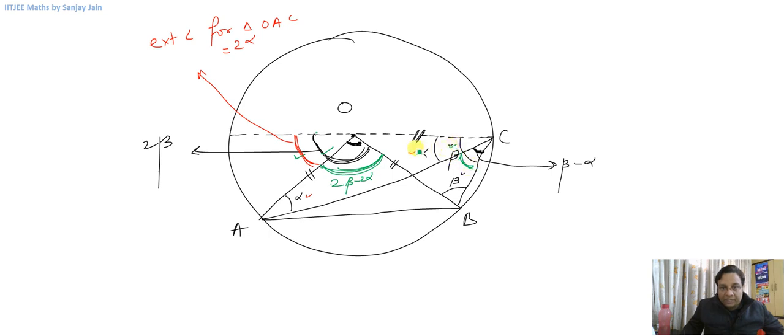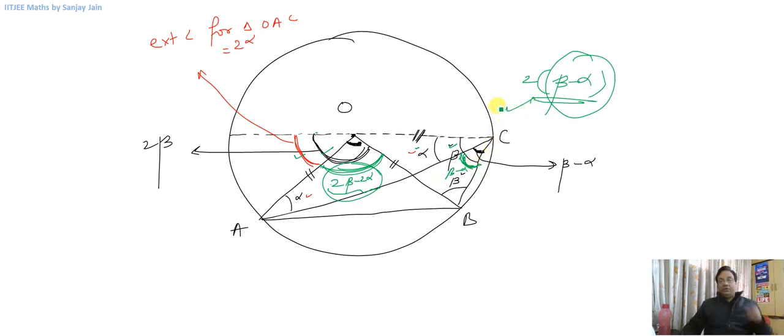This will be the difference of beta and alpha, that is beta minus alpha. So you can see that the angle subtended at the center is twice of beta minus alpha, and beta minus alpha is the angle subtended at the circumference on the remaining part of the circle. So again, this theorem is proved for this diagram also, this scenario also. All right, I hope this theorem is clear to you.